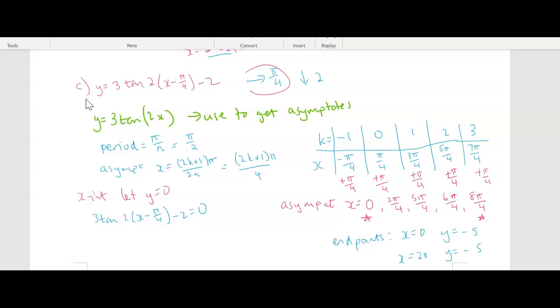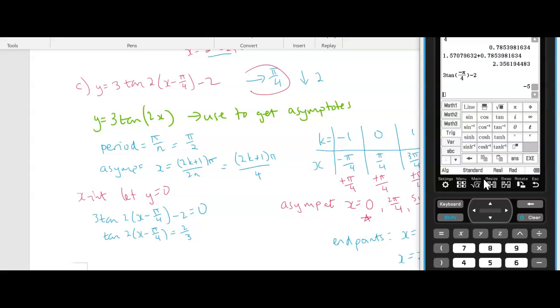All right, let's just solve a little bit of this. So it's going to be 2 on 3. And then let's just solve on the calculator. It's not going to give me exact values, so let's just do solve.